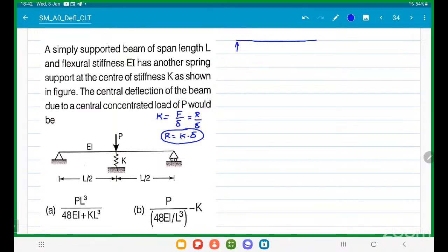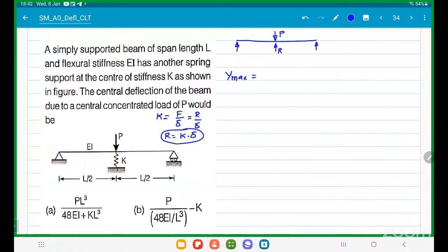This is the applied load P. This is the reaction R.